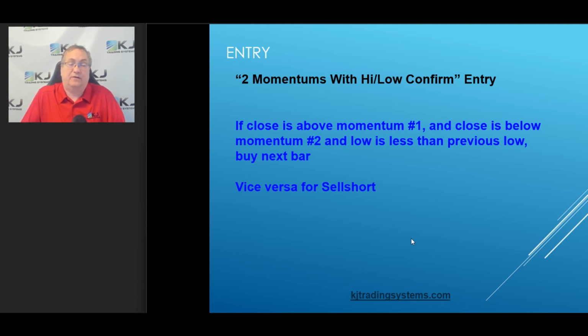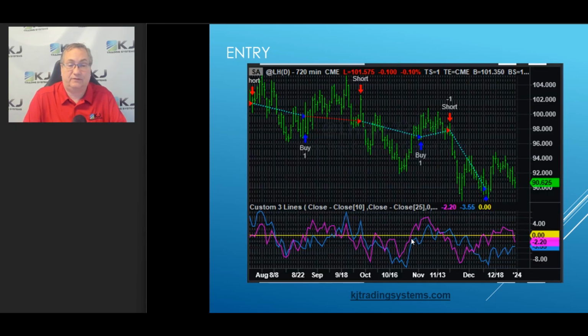And vice versa for selling short. So if you think about what this is doing, it's actually trying to get a 1 momentum working going in that direction. It's a pullback from that second momentum, and it's also a pullback on that last bar because the low is less than the previous low.